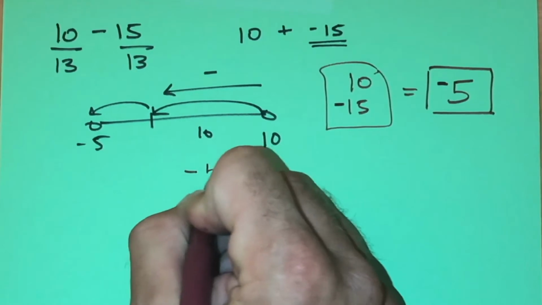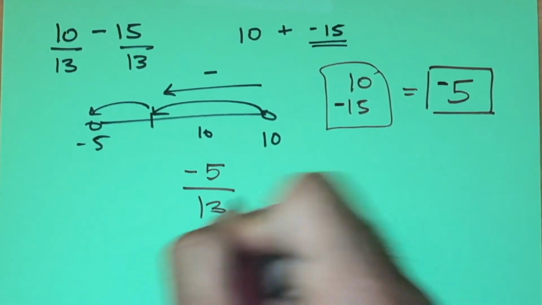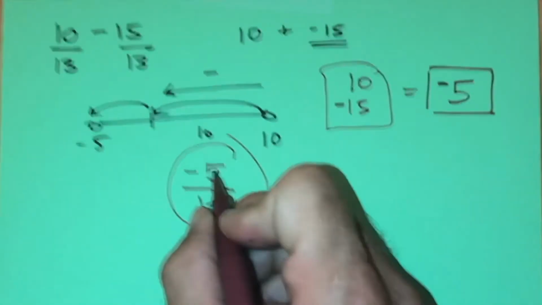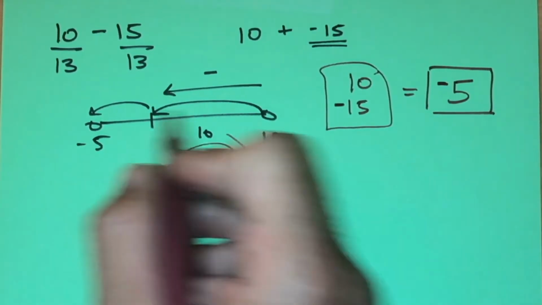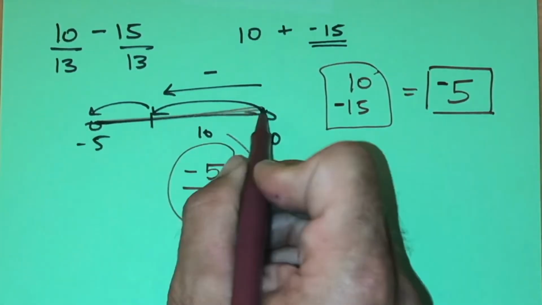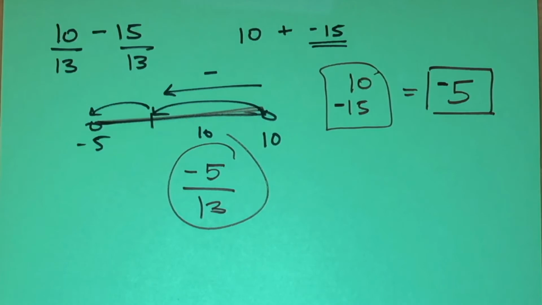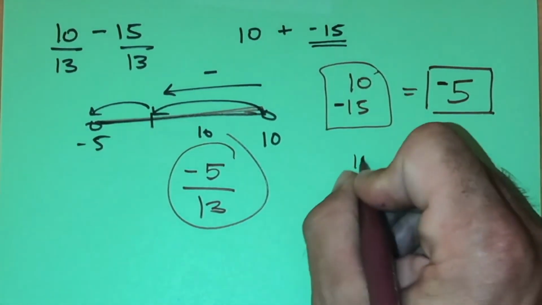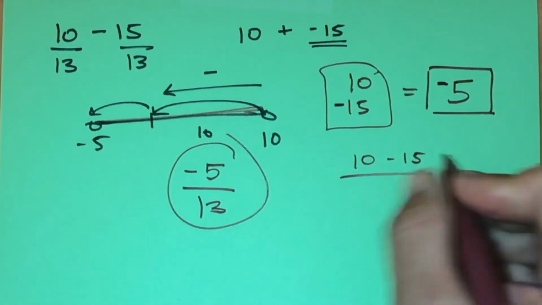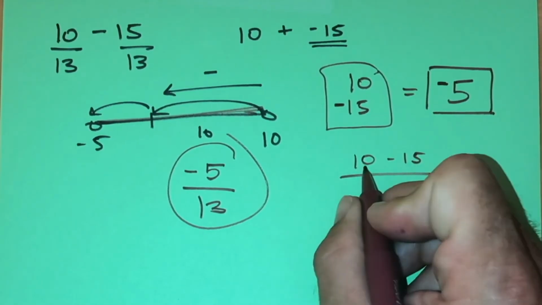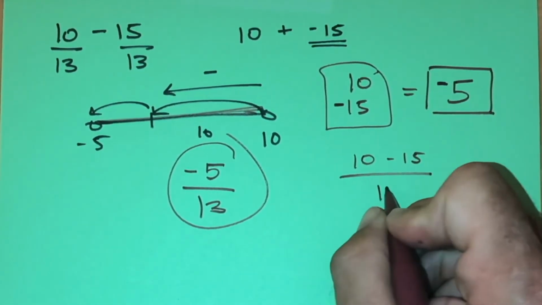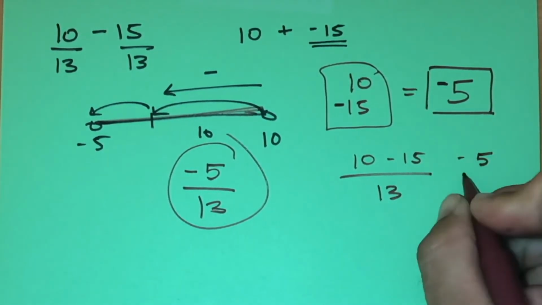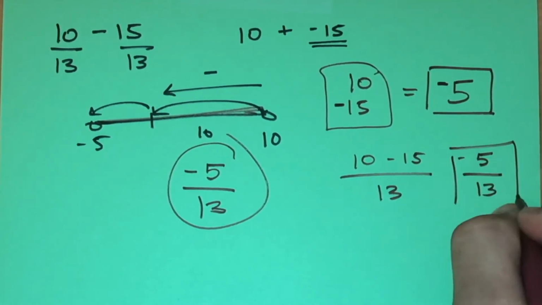And you end up with that -5, don't forget, over 13. The answer isn't just -5, it's over the 13. You're basically showing this difference here, doing the 10 minus a 15. It's showing the difference between 10 and 15 is -5. I hope this helps.